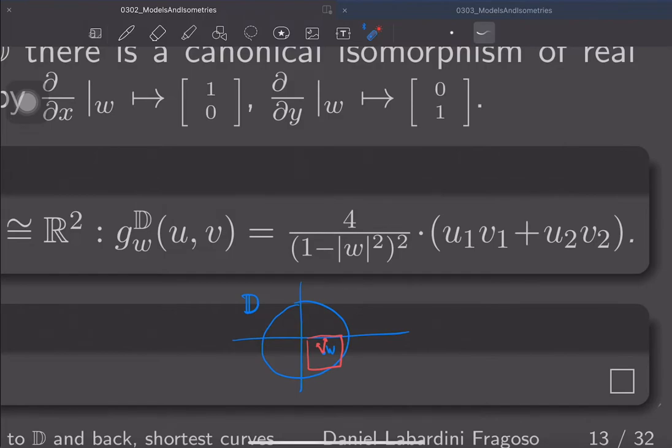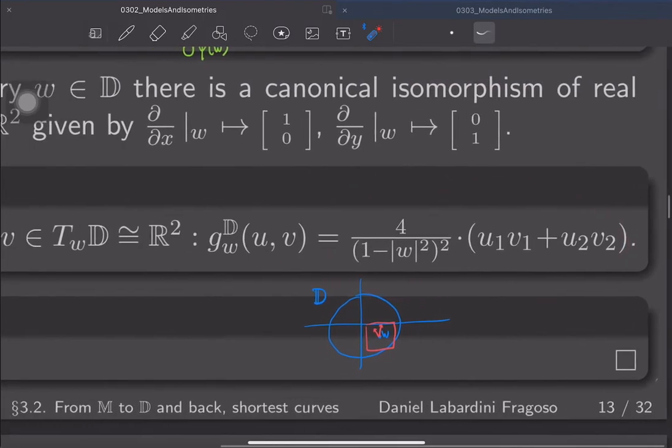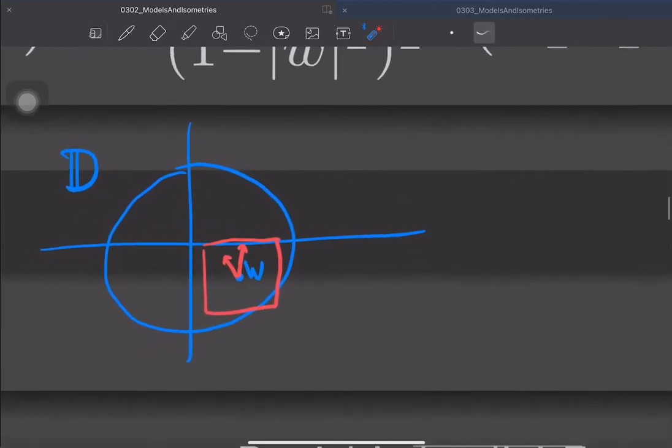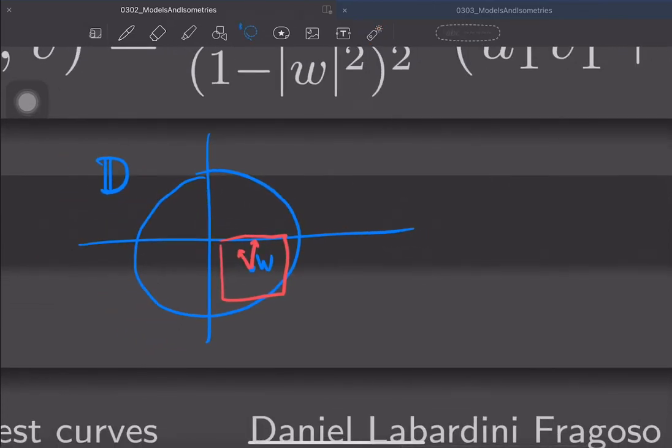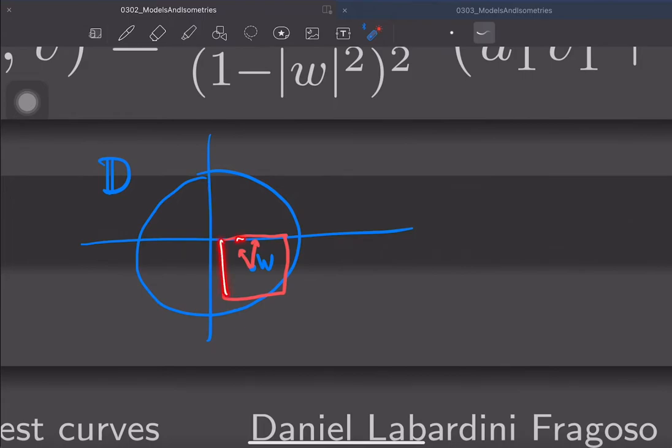Right? So that's what this formula tells me. So if I take this same picture, but move it closer to the unit circle, these vectors are hyperbolically way longer than the original vectors.